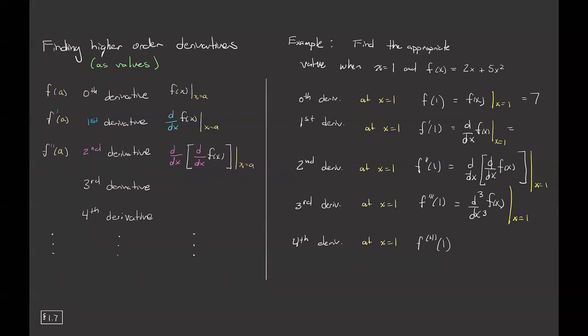Finally, the fourth derivative at 1 is going to be equal to, and I'll use the same notation as the third derivative, d to the fourth, dx to the fourth, f of x. And that's just the function itself, but we want an actual value. So in order to get that, we will evaluate at our x is equal to 1.